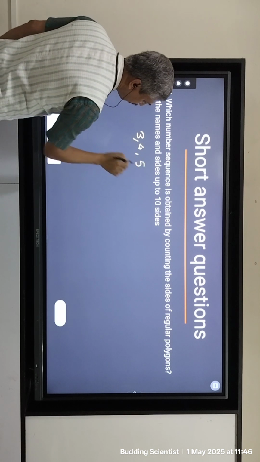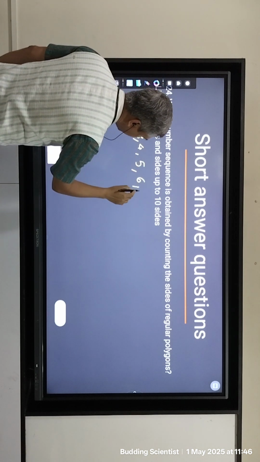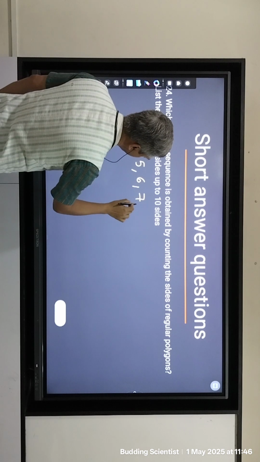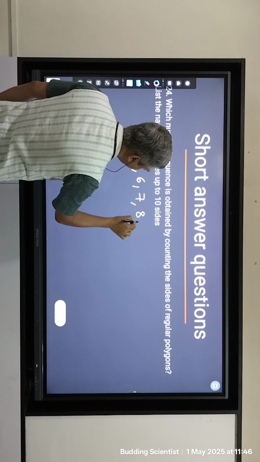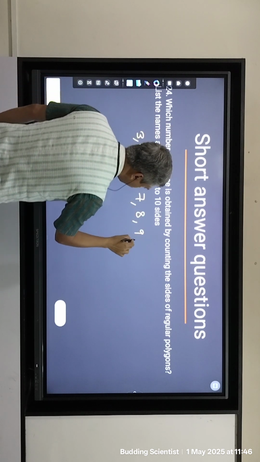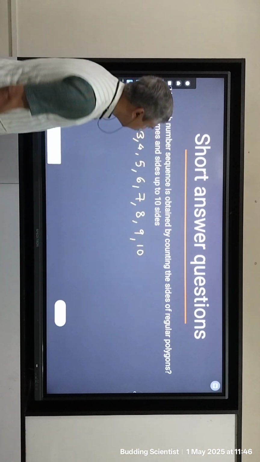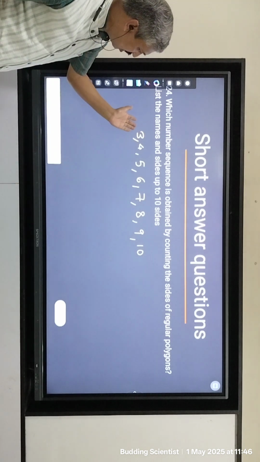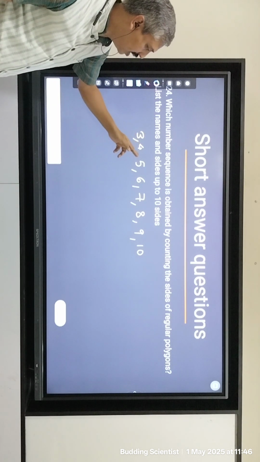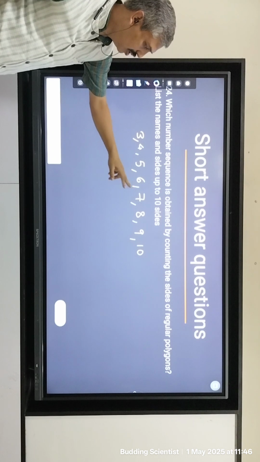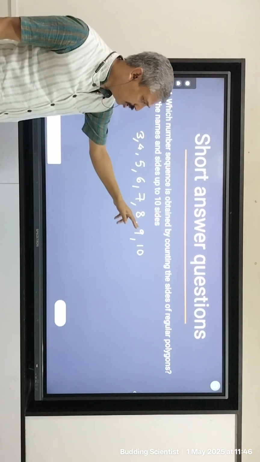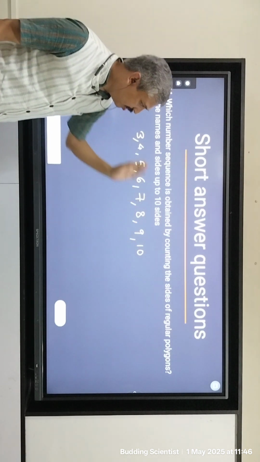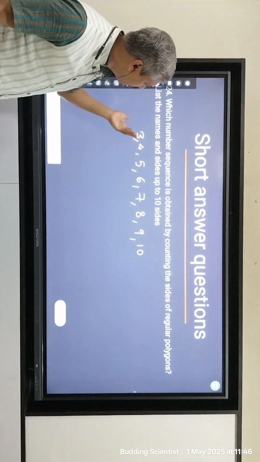Then we have 5 for pentagon, 6 for hexagon, 7 for heptagon, 8 for octagon, 9 for nonagon, and 10 for decagon, up to 10 sides. The names are given: triangle, square, pentagon, hexagon, heptagon, octagon, nonagon, decagon. The names are there, the number of sides are this.